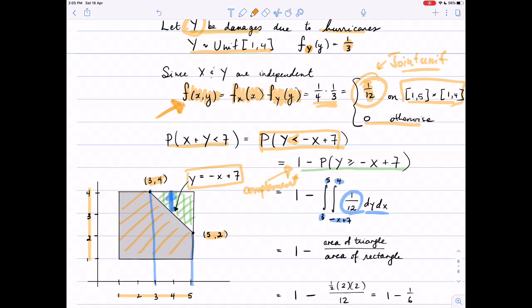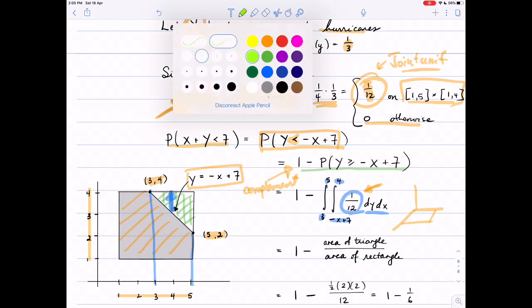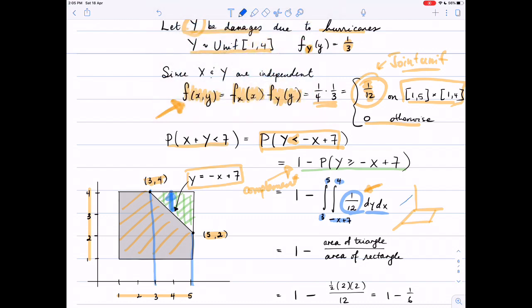And in particular, when you do this integral, that is the integral of a constant. And so you have a flat surface. So if we draw this rectangle, our rectangle is here. If we are integrating our surface above that, our surface is 1/12. Our surface is flat, right? It would be z is equal to 1/12.